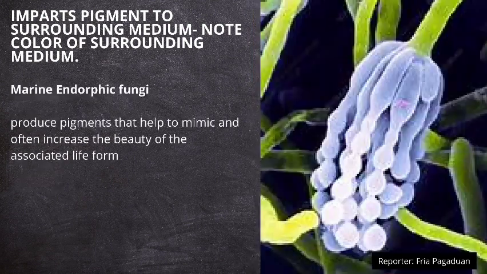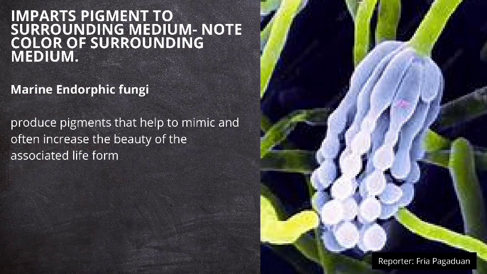Apart from plants, marine fungi also associate with algae and coral. Reports suggest that marine endophytic fungi produce pigments that help to mimic and often increase the beauty of the associated life form. Fungal pigments are stable at various temperatures. Fungal and bacterial pigments are studied and applied for commercial production.